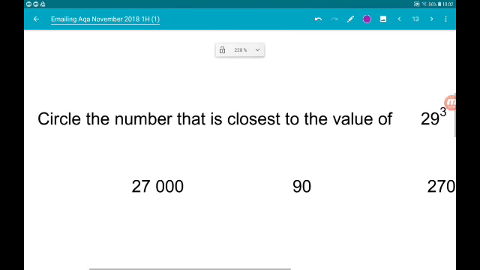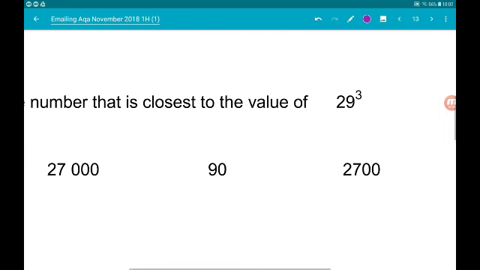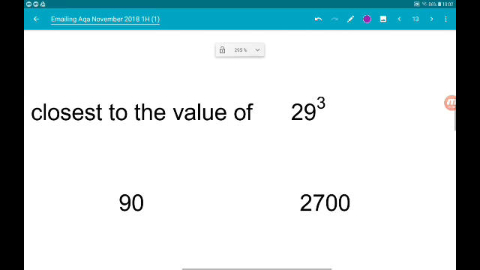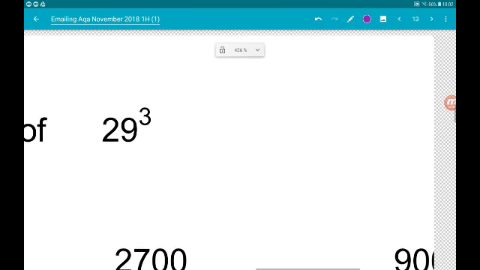Okay, 16 wants us to circle the number that is closest to the value of 29 cubed. Okay, so 29 cubed, we don't want to work that out. That is very close though to 30 cubed, which is much nicer.